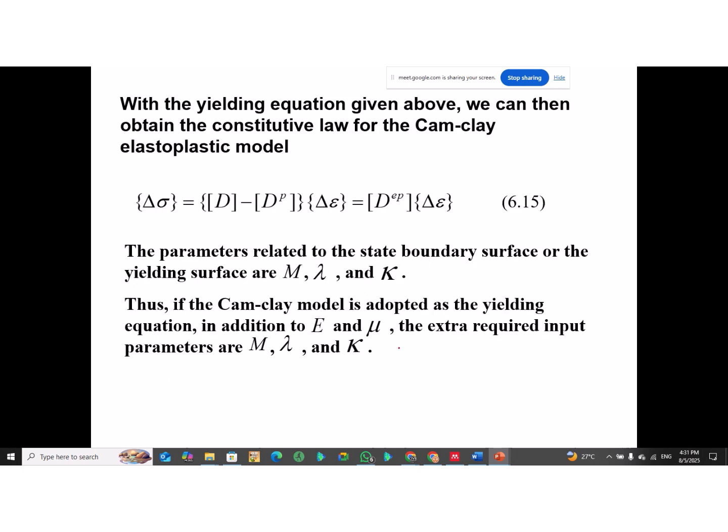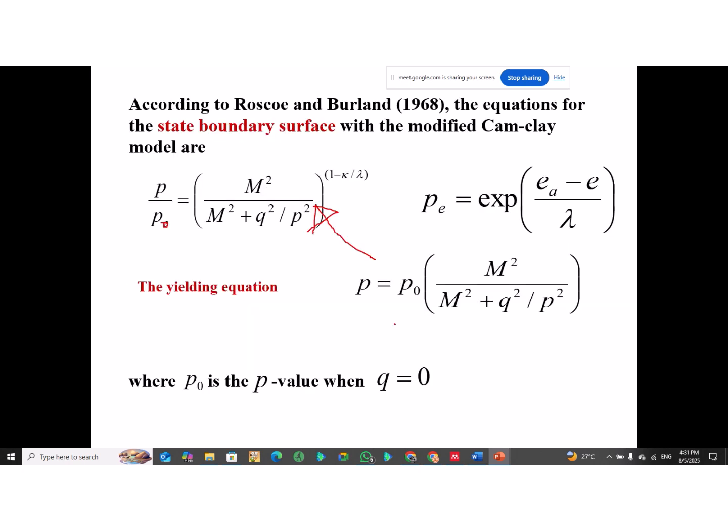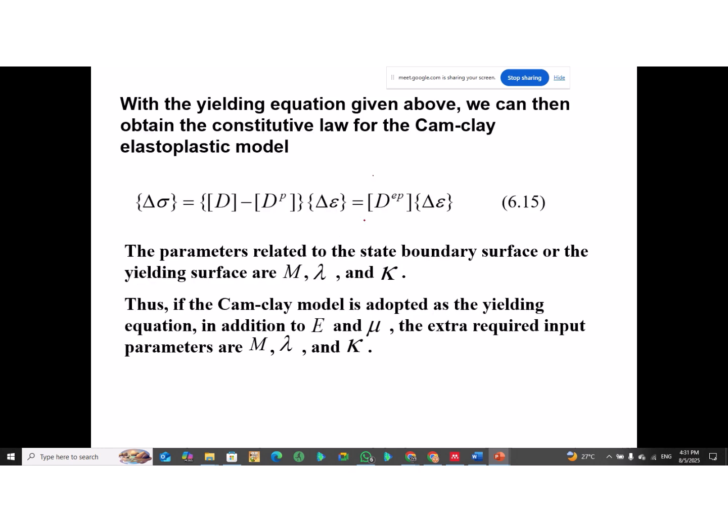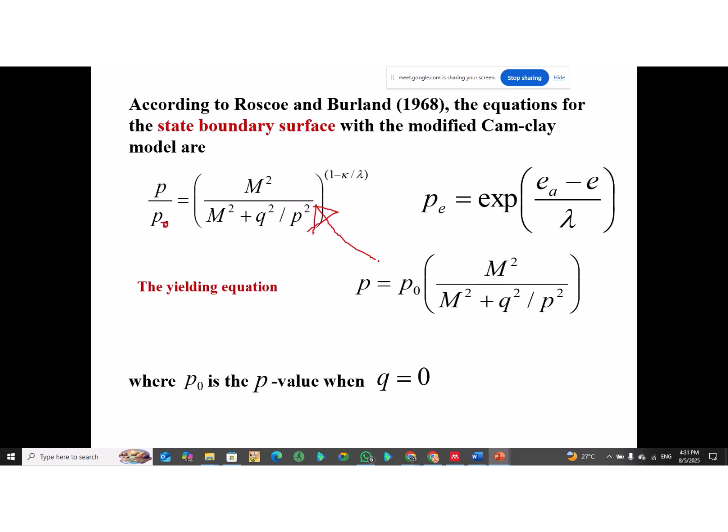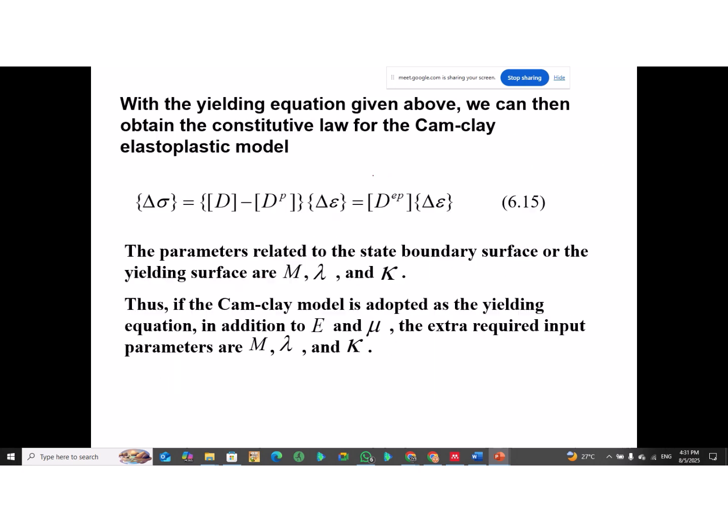So when you go now to the software, Plaxis, and you try to use either Chemclay or modified Chemclay, you can be confident that it is actually based on very sound theory. But over and above that, these are formulas we have talked about. So from here you can manipulate.